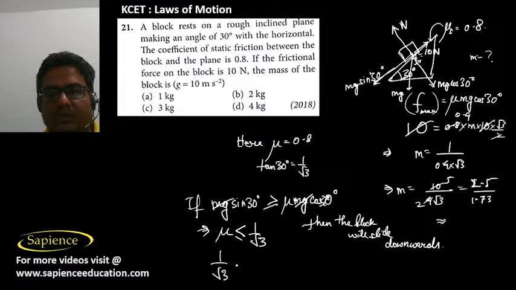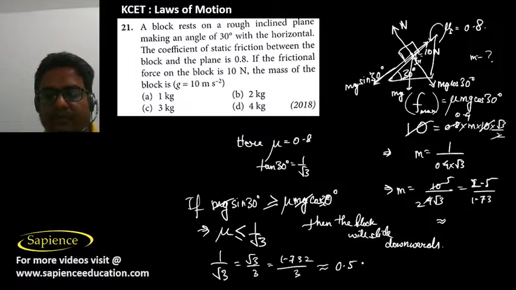So 1 by root 3 is approximately root 3 by 3, that is 1.732 divided by 3, that is approximately 0.577. So mu is 0.8, which is more than 0.577.